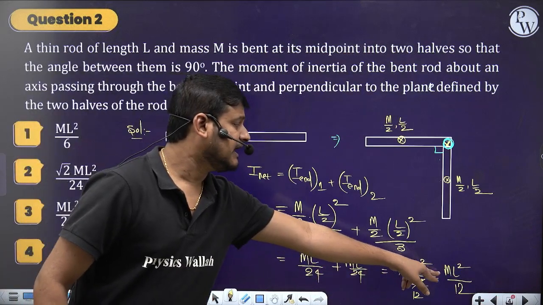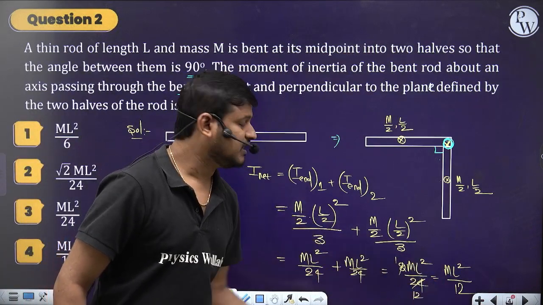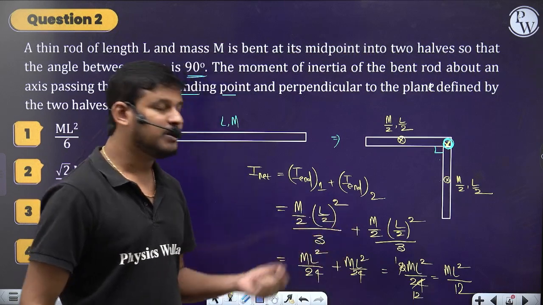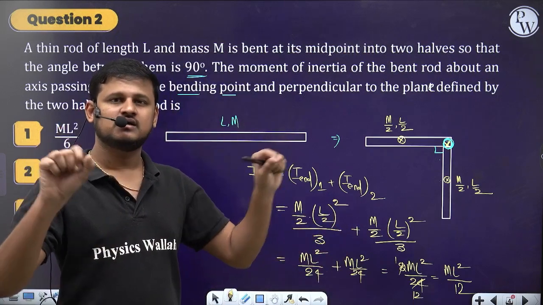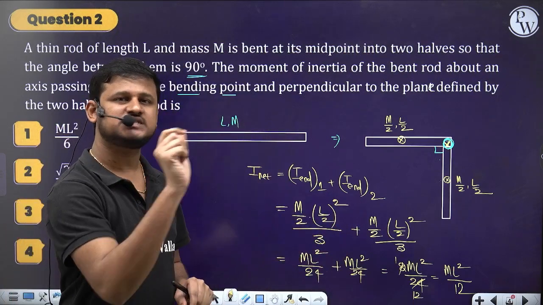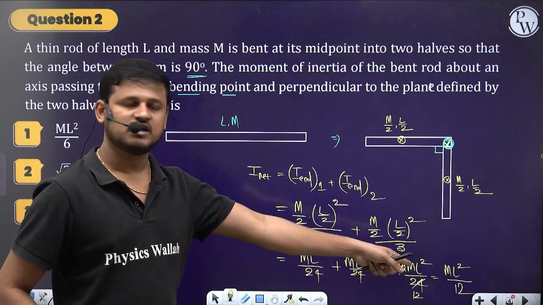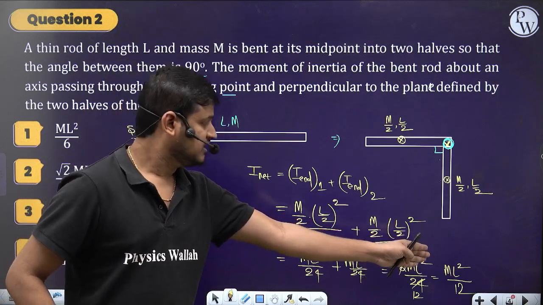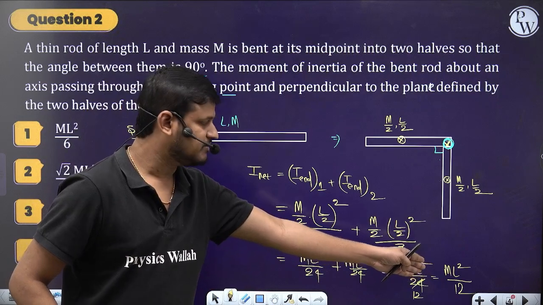Again we are getting ml square by 12, which is nothing but the moment of inertia of the rod about an axis passing through its center of mass, about the axis passing through its center. Yes or no? ml square by 12.